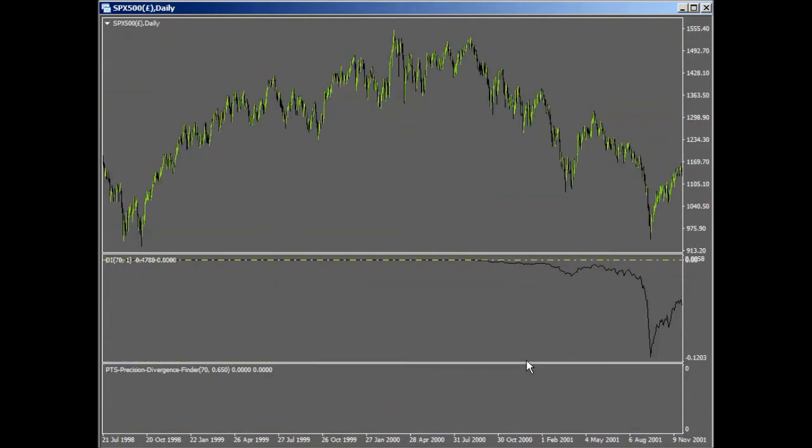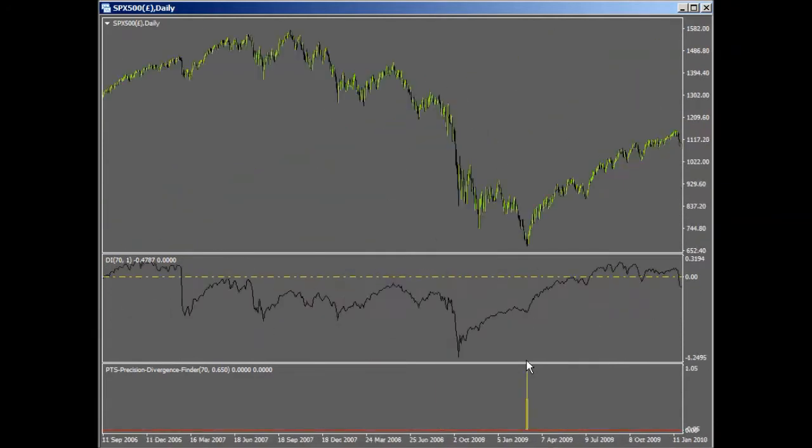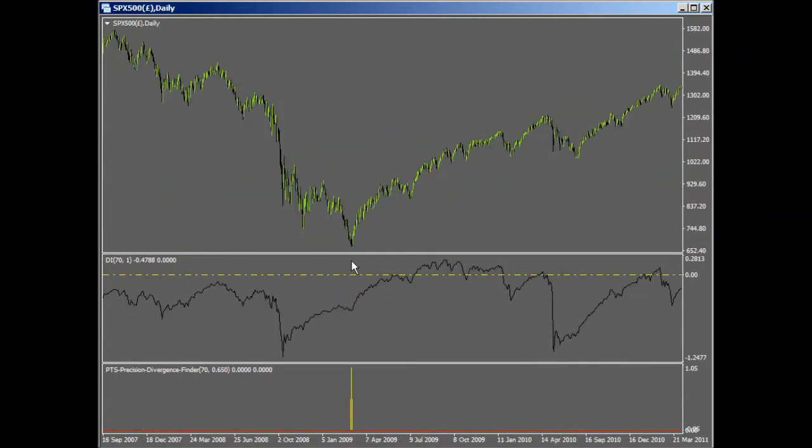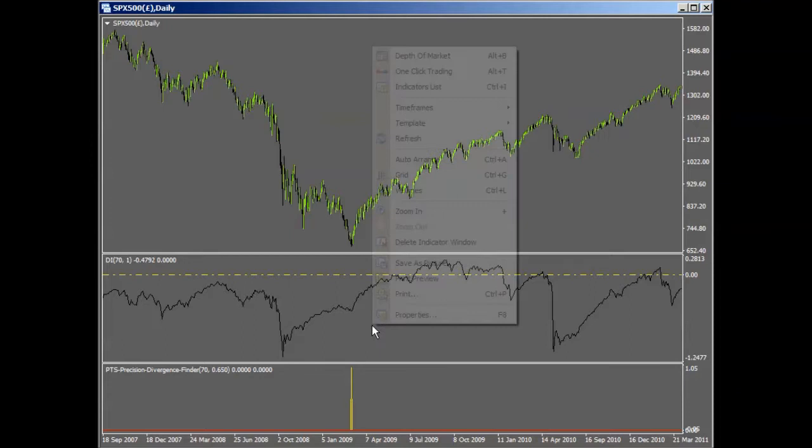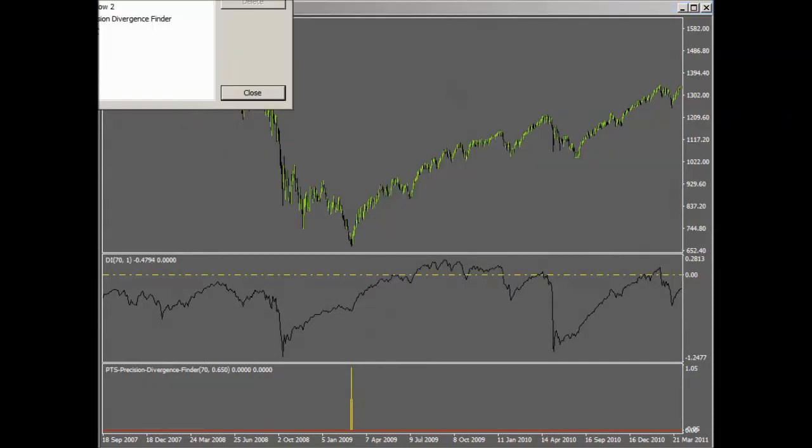Quite often when people plot this indicator, they think it's not working. But to explain what it's doing, it's got settings for the difference. If we're looking at 70, I'm just going to open this.